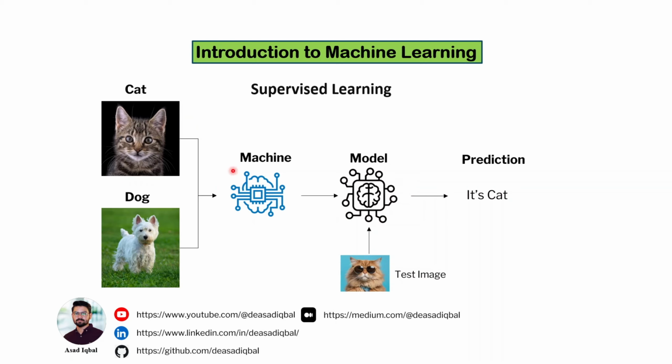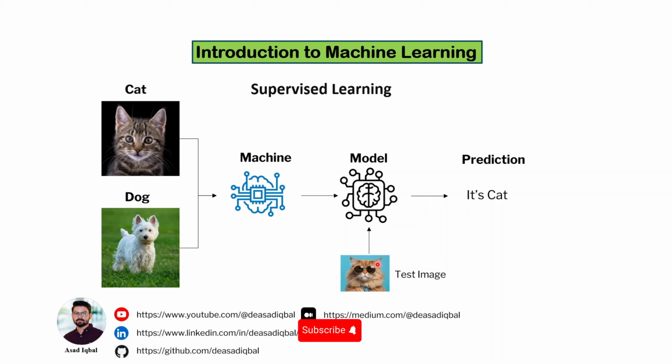This model will be used to make the prediction, right? We will provide this image to the machine and ask the machine to identify the object. At this stage the machine is well trained, so it will check all the features of the object like the size, tail, eye color, and the other different features. After checking all these features, it will identify it as a cat because we have provided the image of a cat.